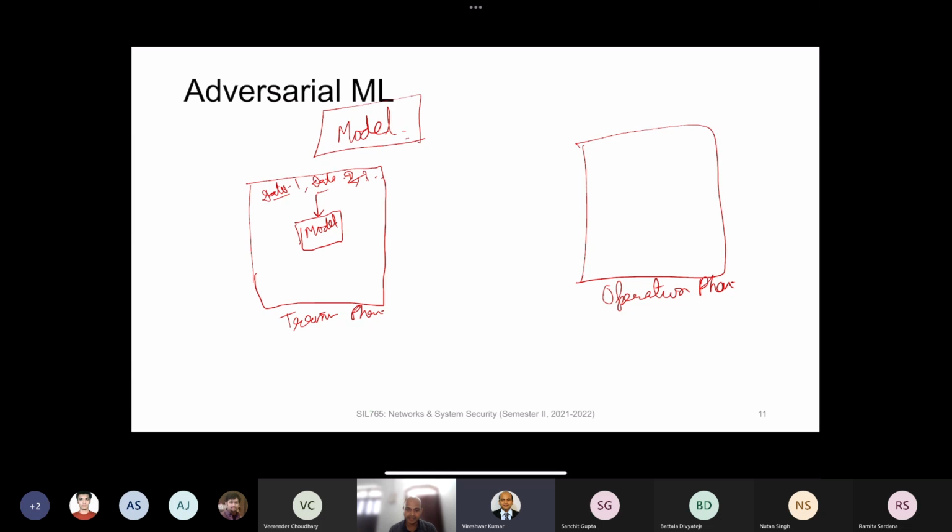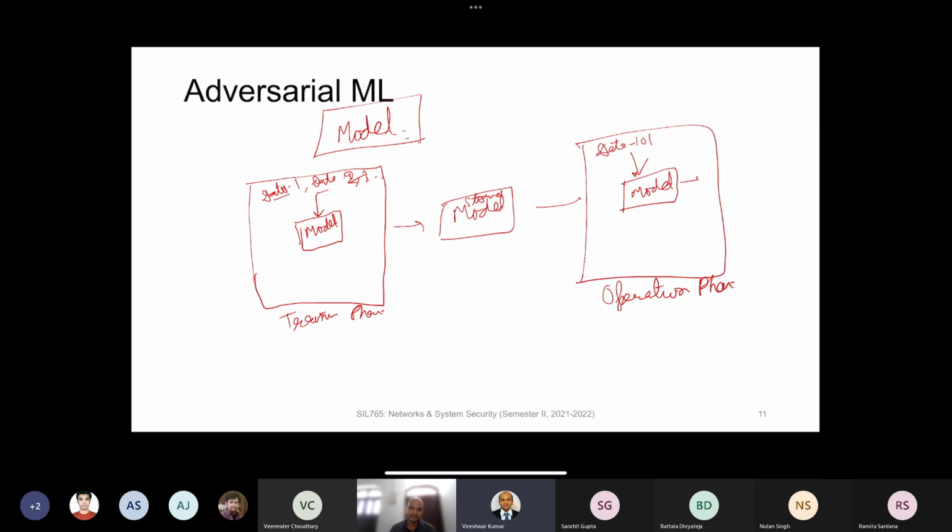Okay, and then this model will be stored somewhere. So a stored model, and whenever in the operation phase a new data comes, so let's say some data 101, then this data 101 will be fed to this model, and this model will give us an output.